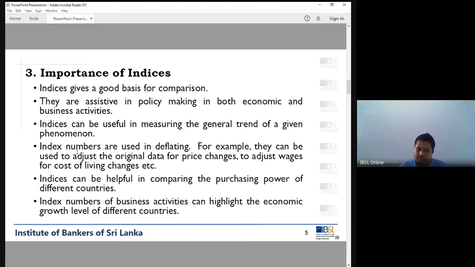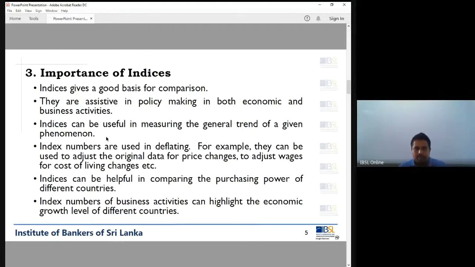Okay, the third point, indices can be useful in measuring the general trend of a given phenomenon. Let's say you measure the all share price index for 10 years, and year on year you plot 10 data points. If you don't have corona incidents and you don't have any major changes in the political or geopolitical economics, you may not see much of a difference.